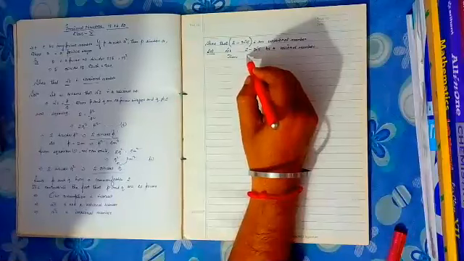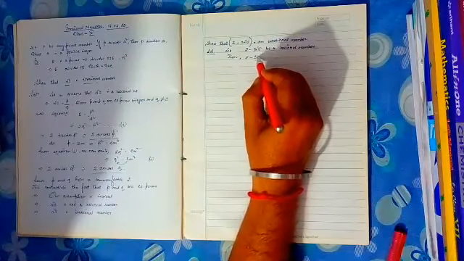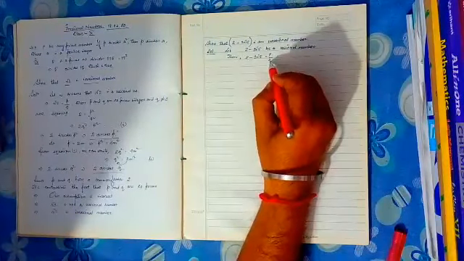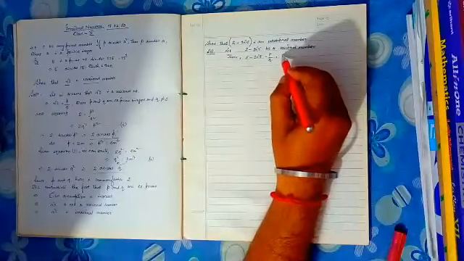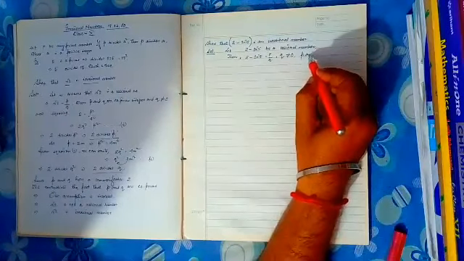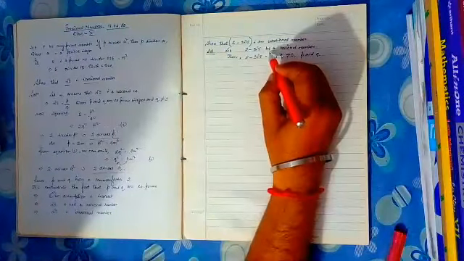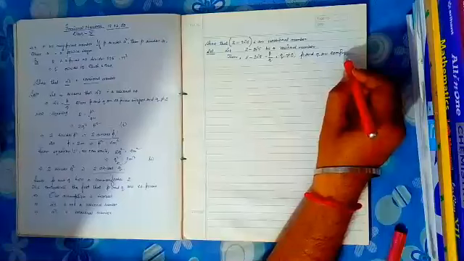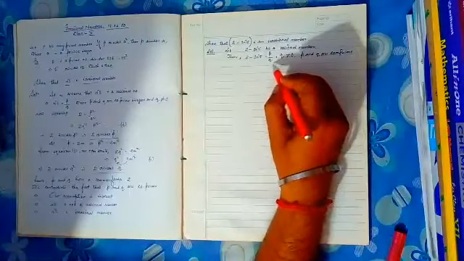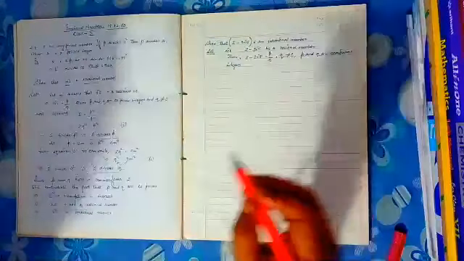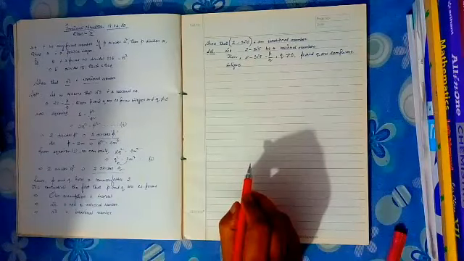Therefore, we can write 2 minus 3 root 5 is equal to p by q, where q not equal to 0, p and q are co-prime integers.